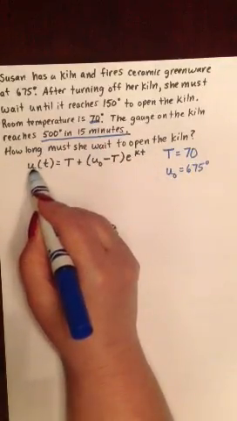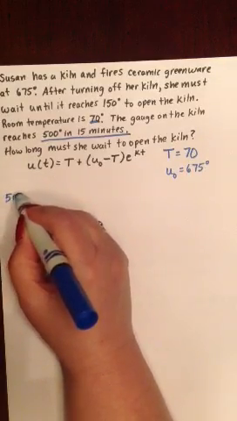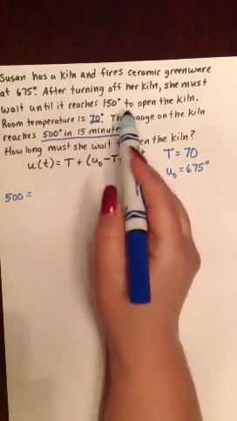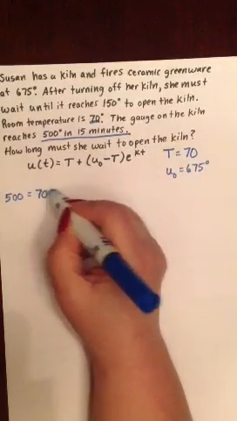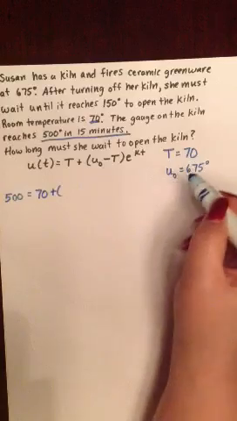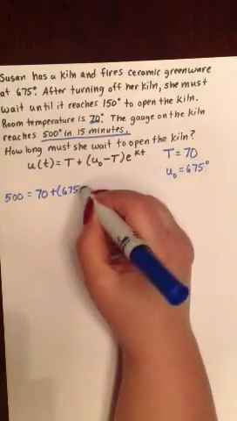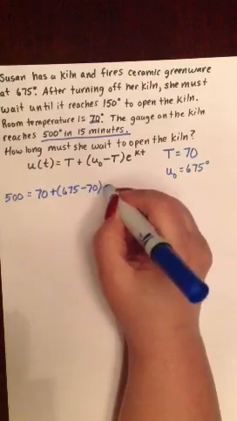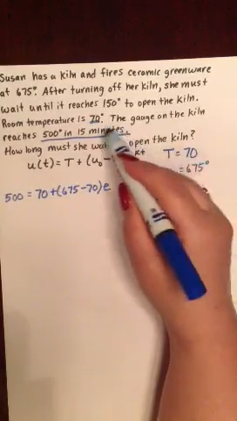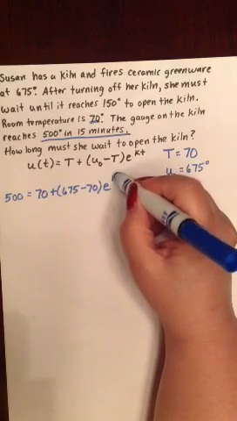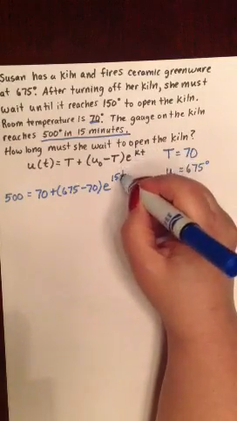So this is temperature after time. The temperature after time was 500 degrees, because it was after 15 minutes, right? And we said big T was 70, plus U sub 0, which is 675, minus 70, times e to the kt power, and we said time was 15, so this will be 15k.